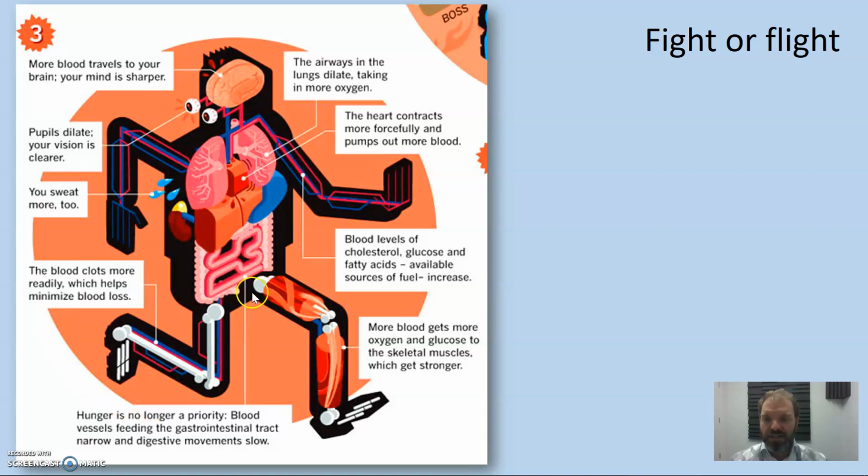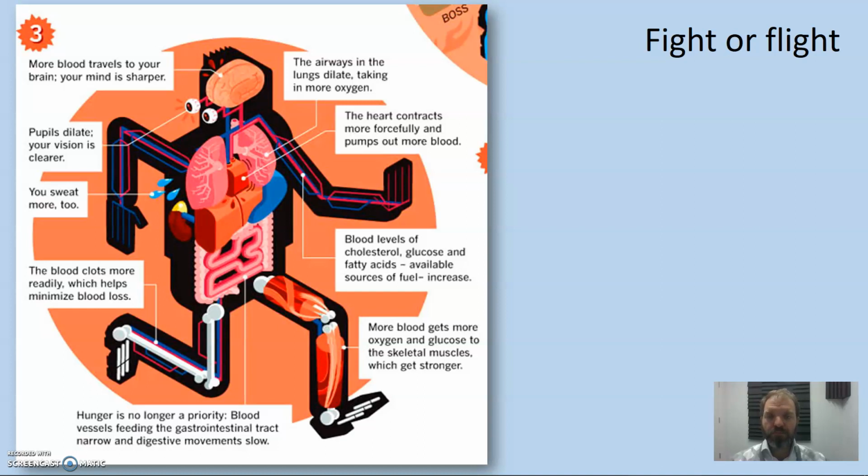And clearly digestion is not something we need to worry about right now, so the blood flow to the digestive system is diverted. We all obviously know that in the opposite sort of sense, when you've had a big meal and you need to do a lot of digesting, you tend to feel a bit more relaxed and slowed down. This does the opposite, is that we're not worrying about digesting now, so we need maximum energy for moving around the place.